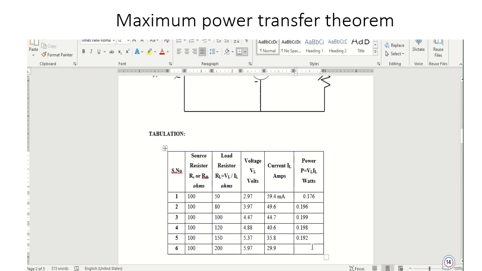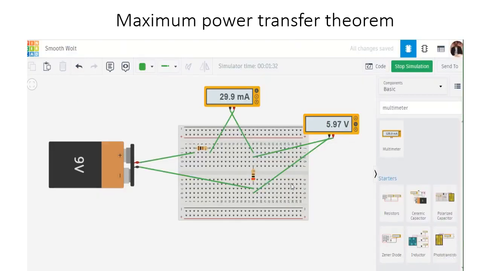Finally, 5.97 multiplied by 29.9 milliamps gives 0.178. So from this, we can conclude that when the source resistance is equal to load resistance, we get maximum power. All other powers are less than 0.199, that is 0.2. Hence, maximum power transfer theorem is verified.